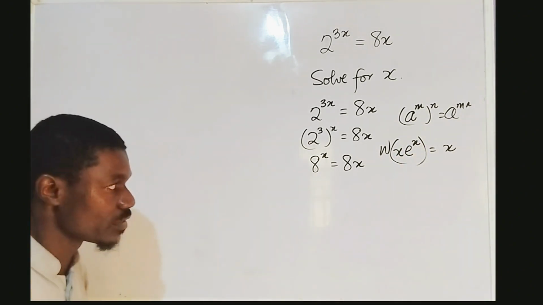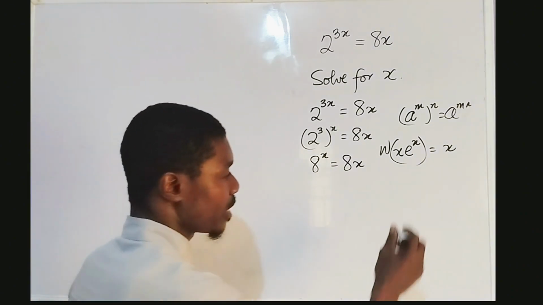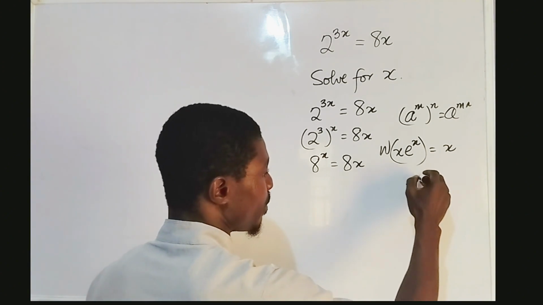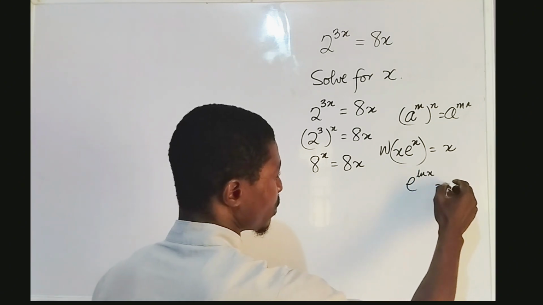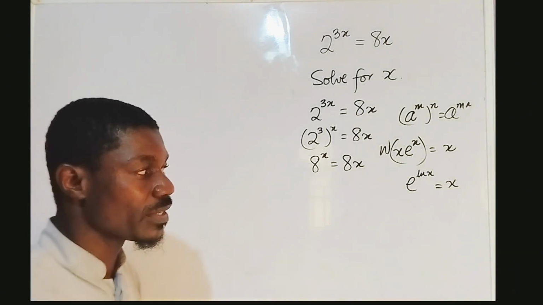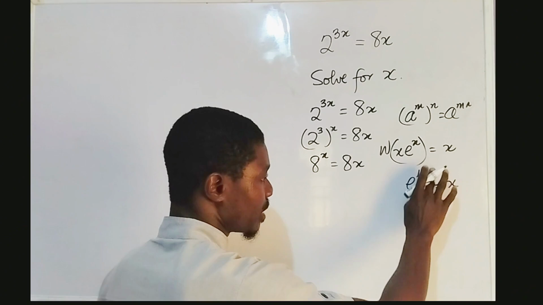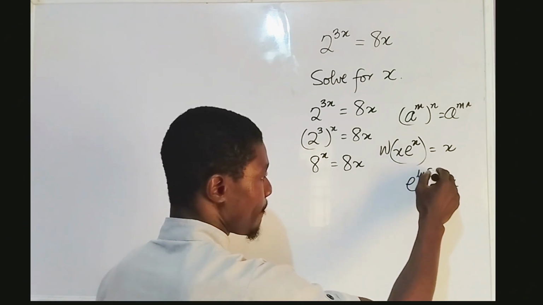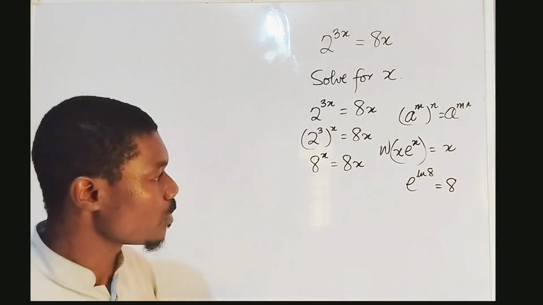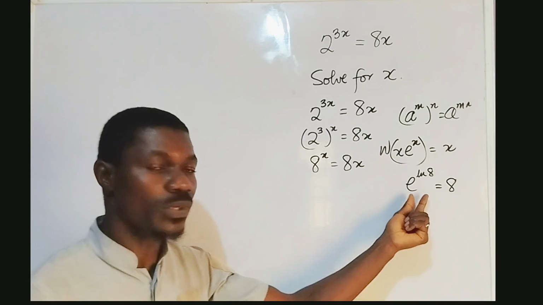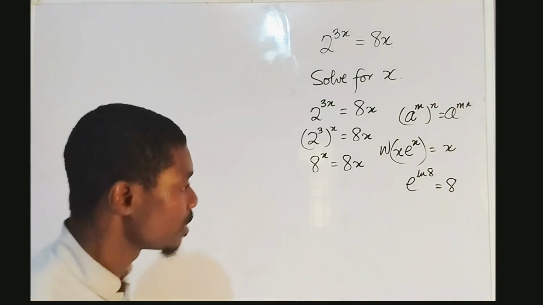First of all, let us recall that e raised to the power of the natural log of x will give us x. Now in the same pattern, if we replace x here with 8, it implies that we can replace our 8 here with e raised to the power of the natural log of 8.